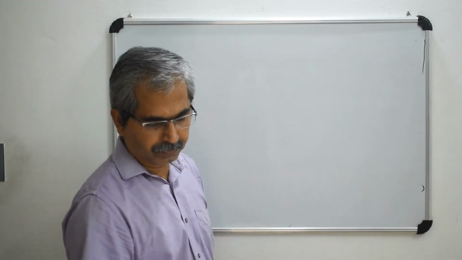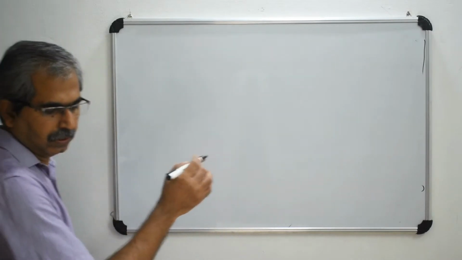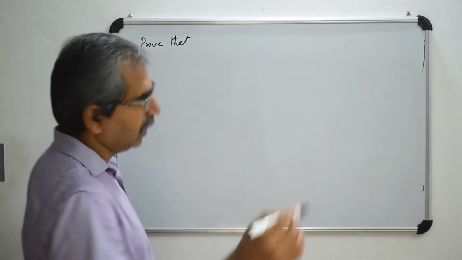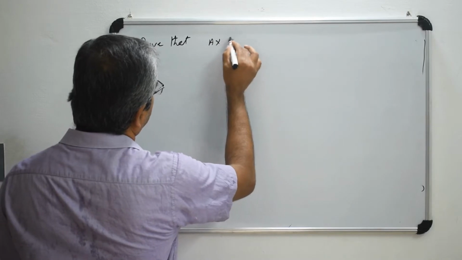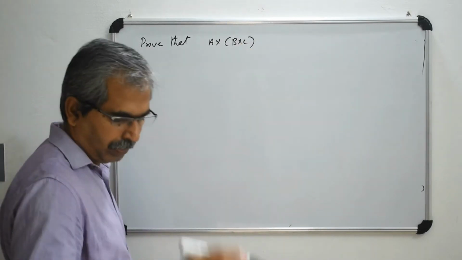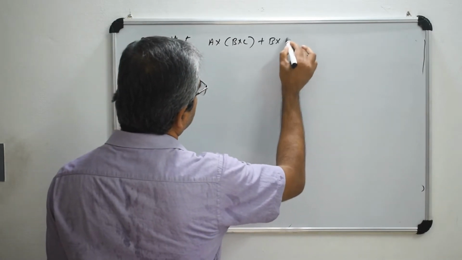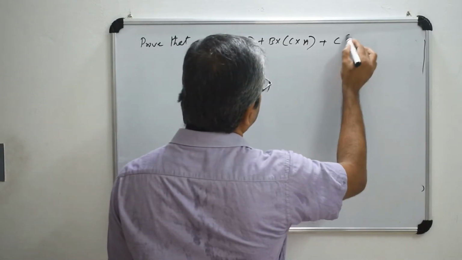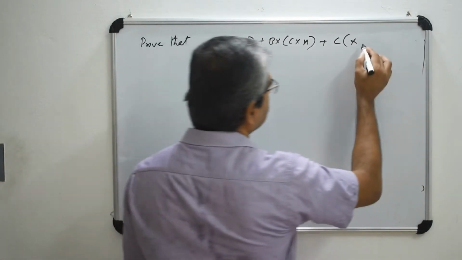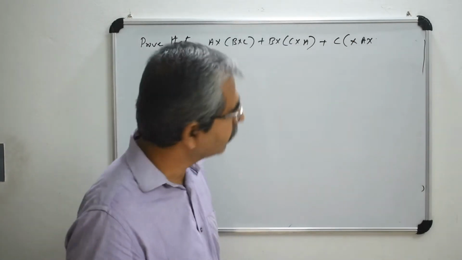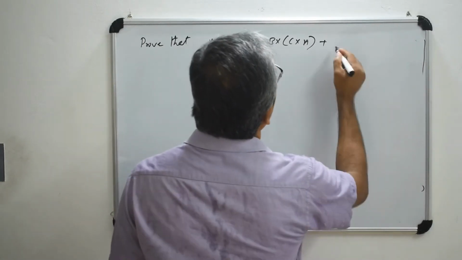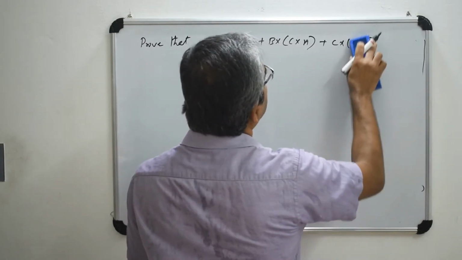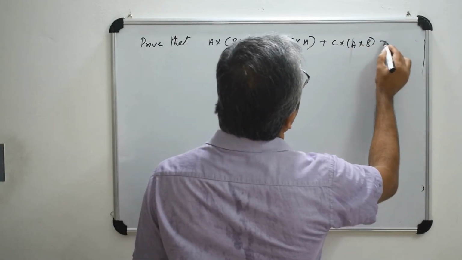So second question is, prove that A cross B cross C plus B cross C cross A plus C cross A cross B is equal to 0.